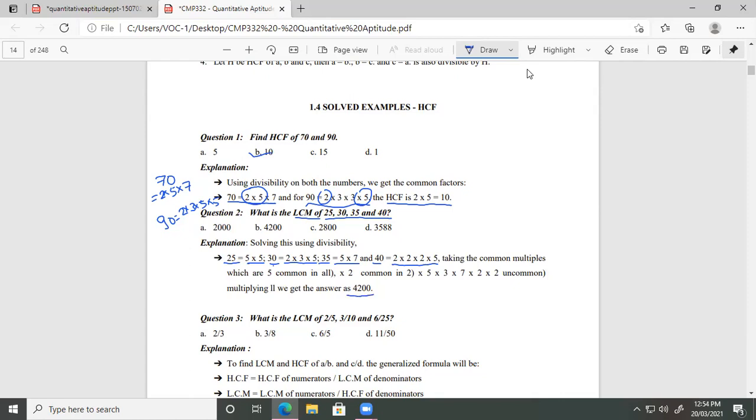So how will you calculate? 5 is the common factor, then 3 is there, 7 is there. And how many 2s are there? These 2 are common, so we have taken these 2, and the remaining 2 are uncommon.